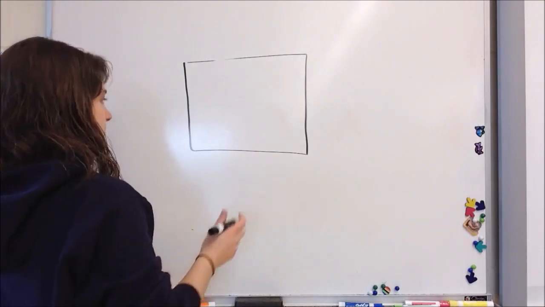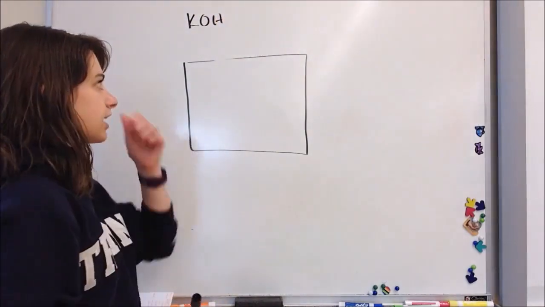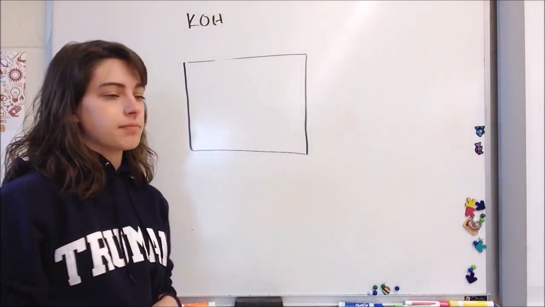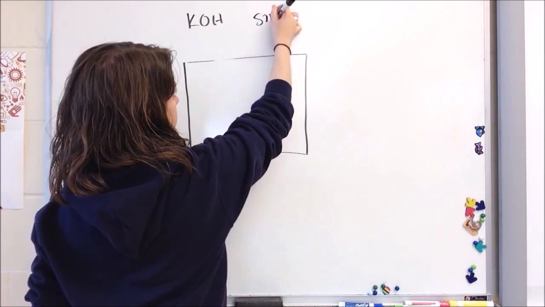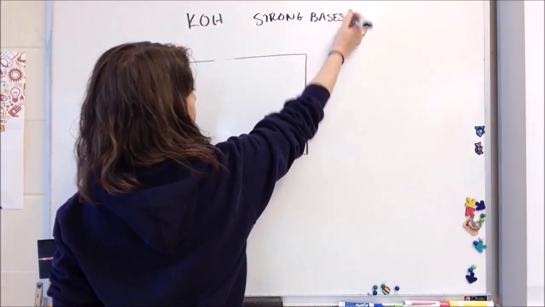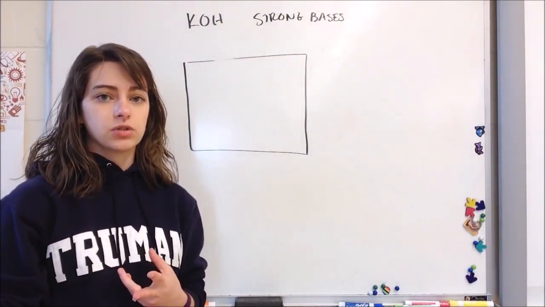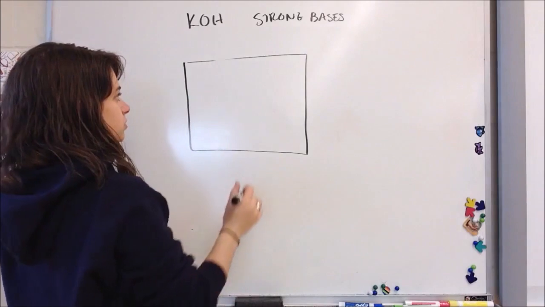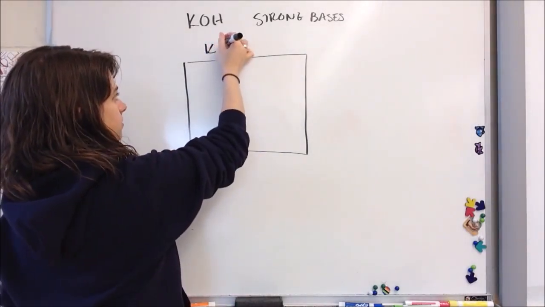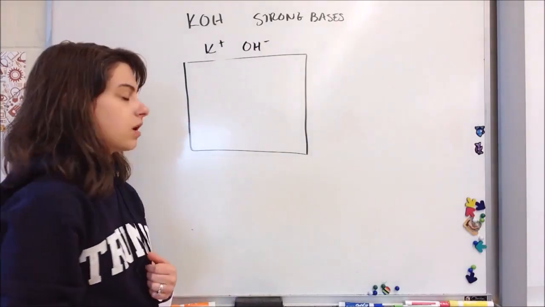For my third example, I want to look at KOH, potassium hydroxide. Now, potassium hydroxide is on my list of strong bases. So that means it's going to completely dissociate, and it's also going to produce OH minus, or hydroxide. So we're going to see potassium ions, and we're going to see hydroxide ions, or OH minus.